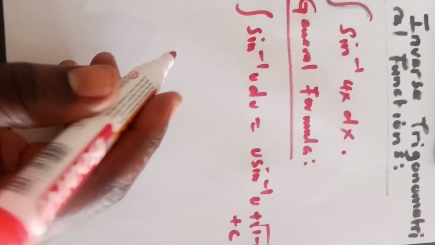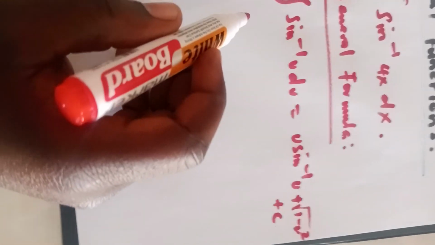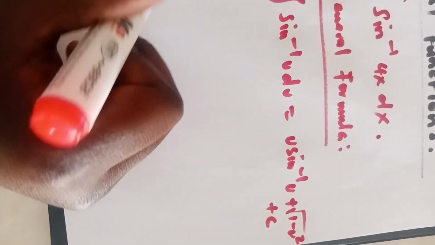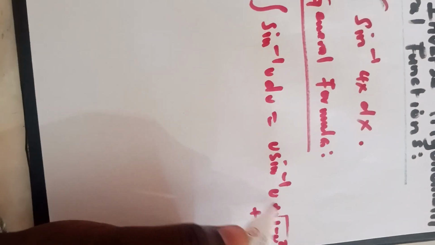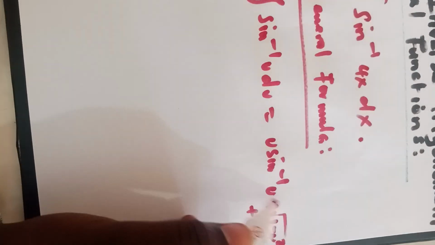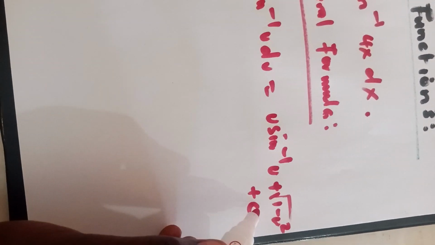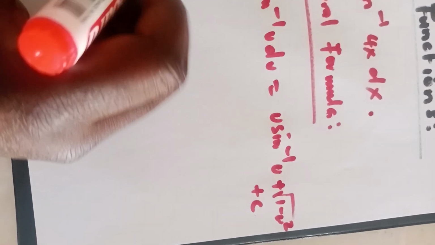You will discover also that the integrals of sine inverse and cos inverse are almost the same, except that for sine you have a positive here, while for cos you are going to have a negative.